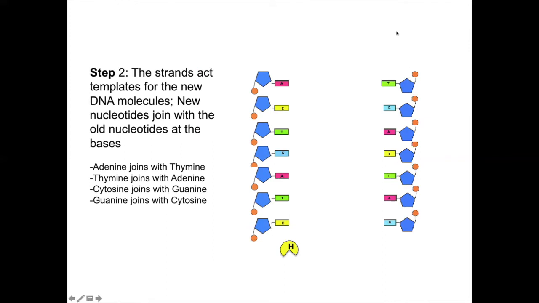And now, step 2, these old strands are going to act as a template for the new DNA molecules that are just floating around. What's a template mean? It's what you use to trace if you're not a good drawer. All right, that's a template. This is the template to make new DNA. Brand new nucleotides, with the help of polymerase, are going to attach following base pair rules. This is a T. It used to be paired with an A because T's and A's go together. So an A is going to pair up.